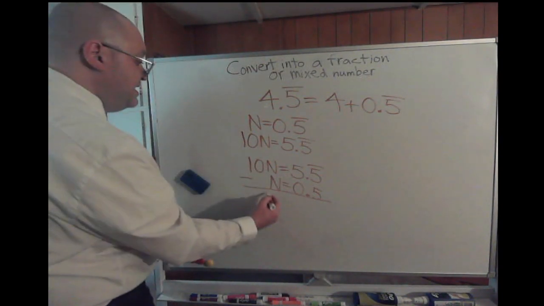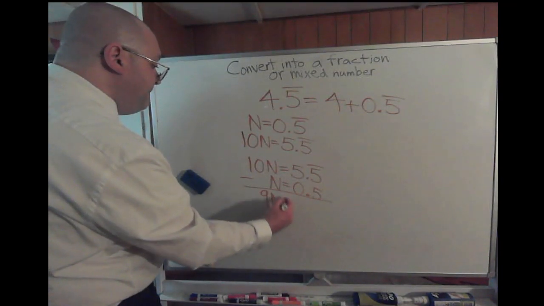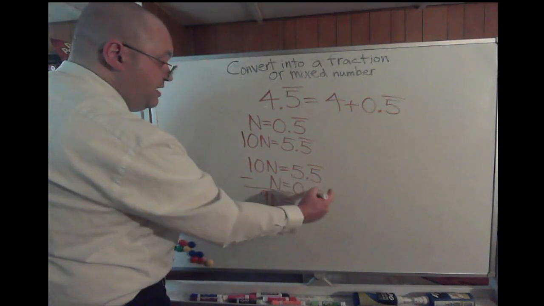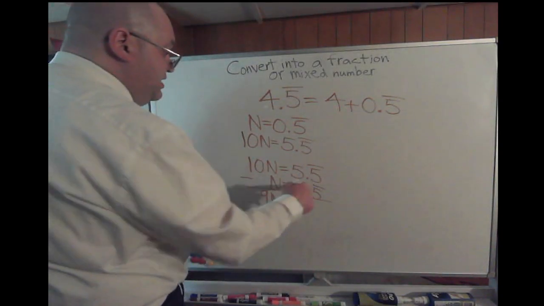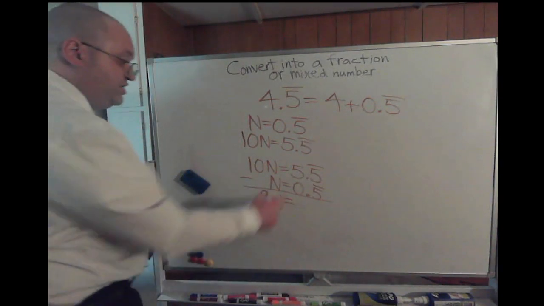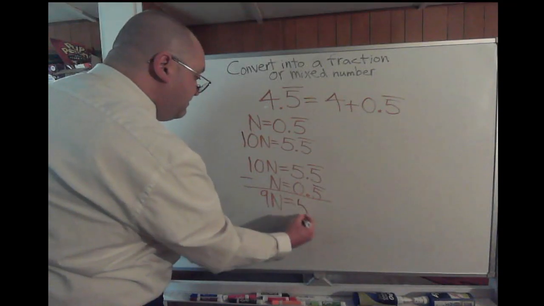Well, 10n minus n is 9n. 5 bar minus 5 bar cancels out. The bar's gone. Now you just have 5 minus 0, which is 5.